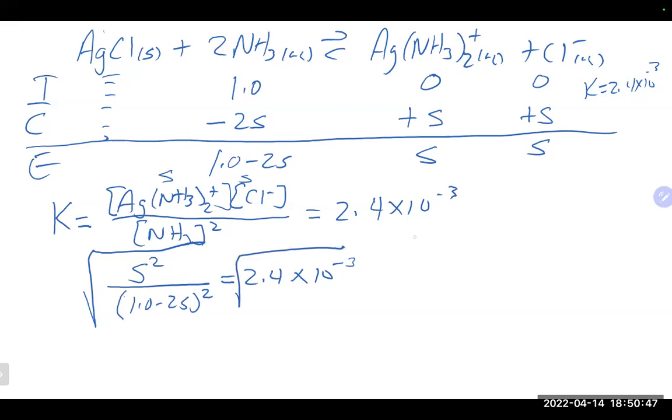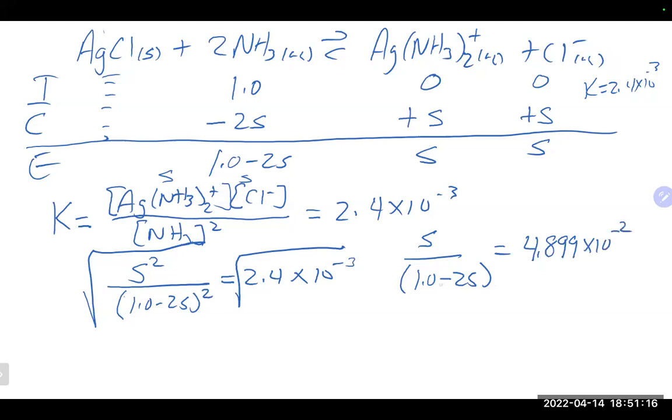That is going to give me S over 1 minus 2S is equal to, the thing most people forget, including myself, is to actually take the square root of that number on the right there. So let me do that. The square root of 2.4 times 10 to the minus 3 gives us 4.899 times 10 to the minus 2.